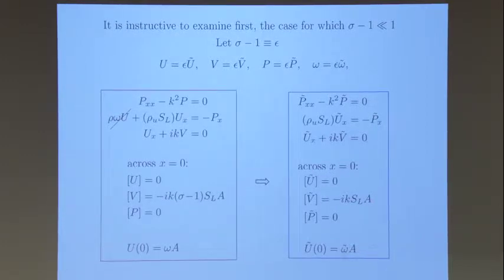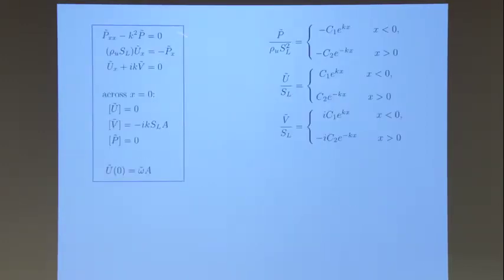So suppose we focus on this system. The first equation can be easily solved. The two solutions are exponentials, e to the kx and e to the minus kx. e to the kx cannot survive in the negative region for x, because then it blows up at infinity, so you eliminate it.